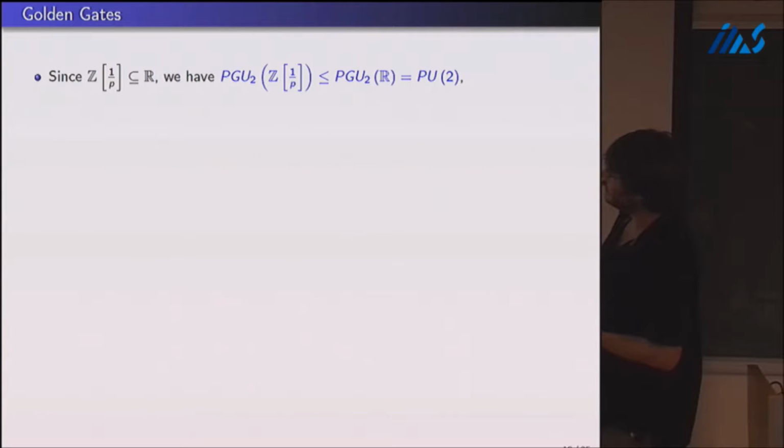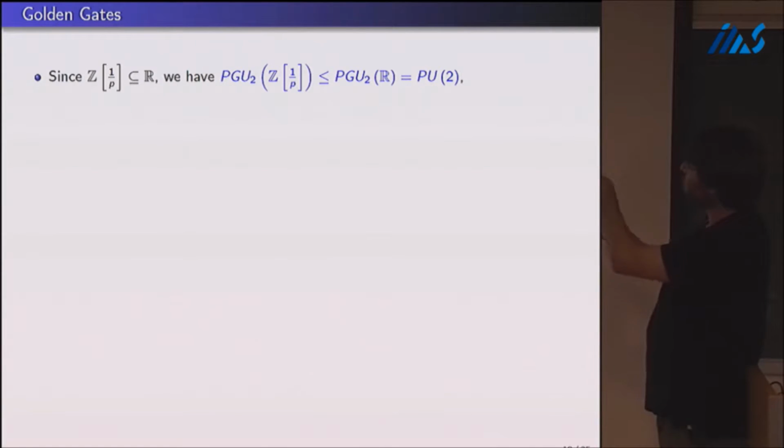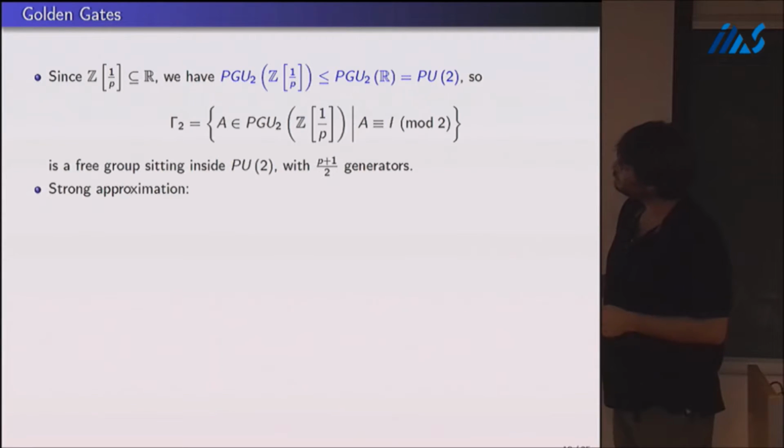You have this ring, and we started with this ring, and this is also a subring of R. So we can embed this in the real group, which until now we kind of forgot about. We said we'll kill this part. Now we actually project to this part, and PU2(R) is what you call the projective unitary group.